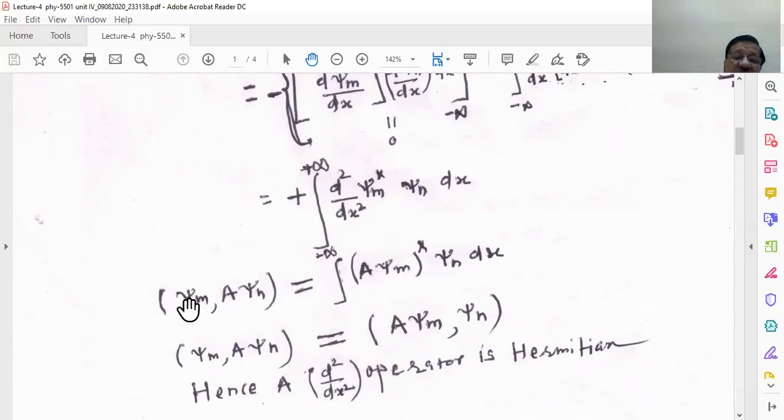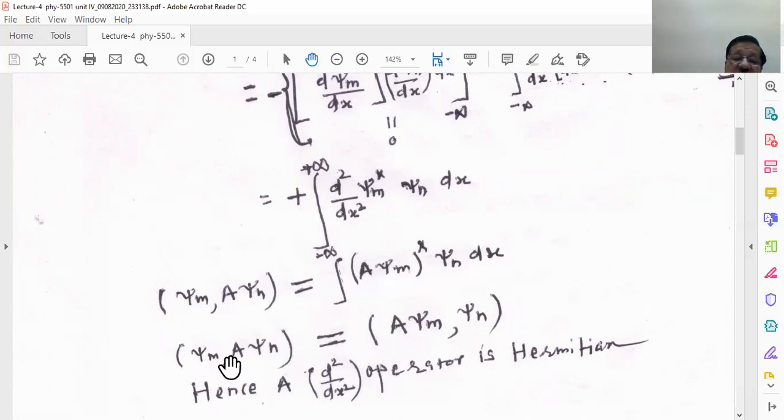So ultimately, when you solve this equation, you get the right hand side of this equation. The left hand side was psi m, A psi n, and the answer we are getting is nothing but the integral form of the bracket notation, the scalar product of A psi m with psi n. So this is the condition of a Hermitian operator.